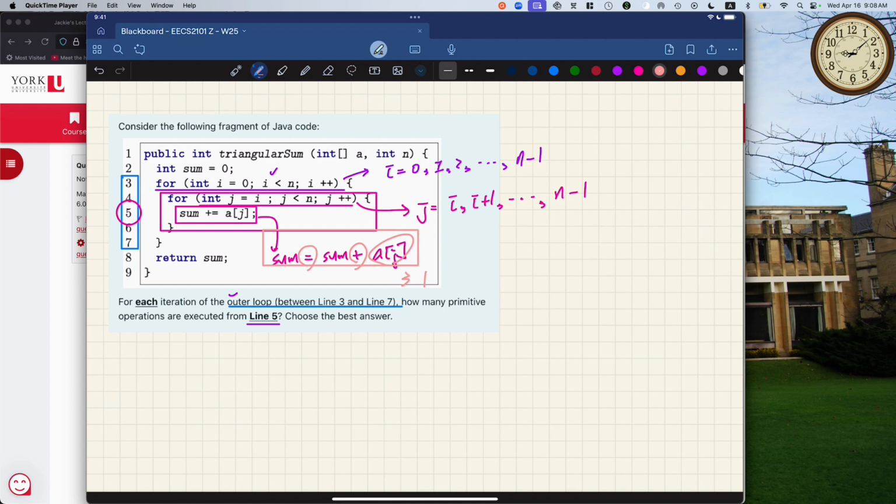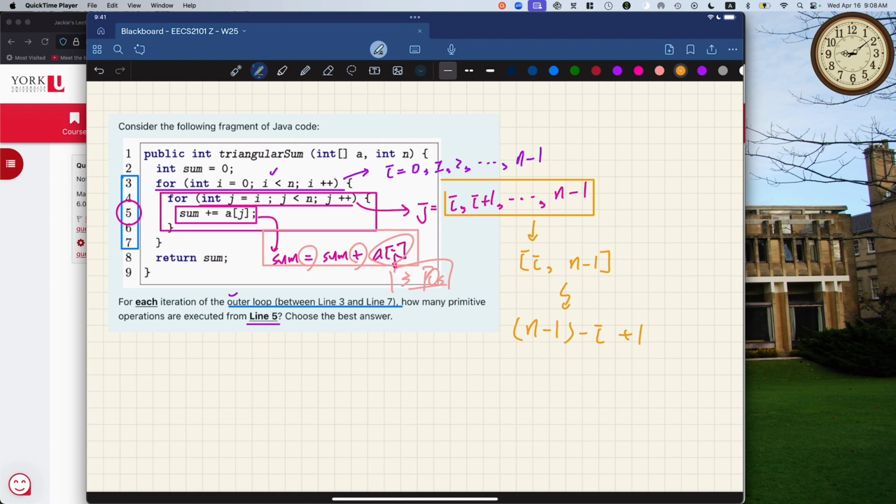So what you want to think about is, for each value of i, you're actually going to execute j from i until n minus 1. So you want to think about how many there are. Basically we're talking about the interval from i all the way until n minus 1. If you think about this, it's going to be n minus 1 minus i plus 1.